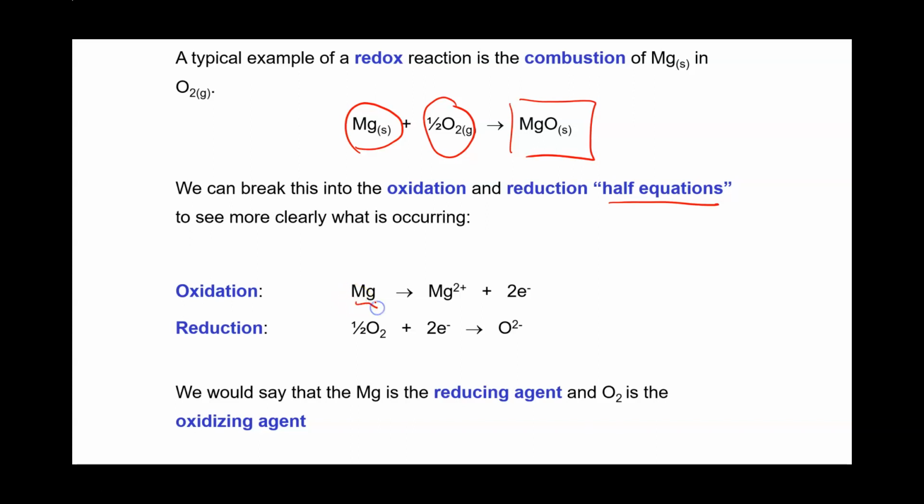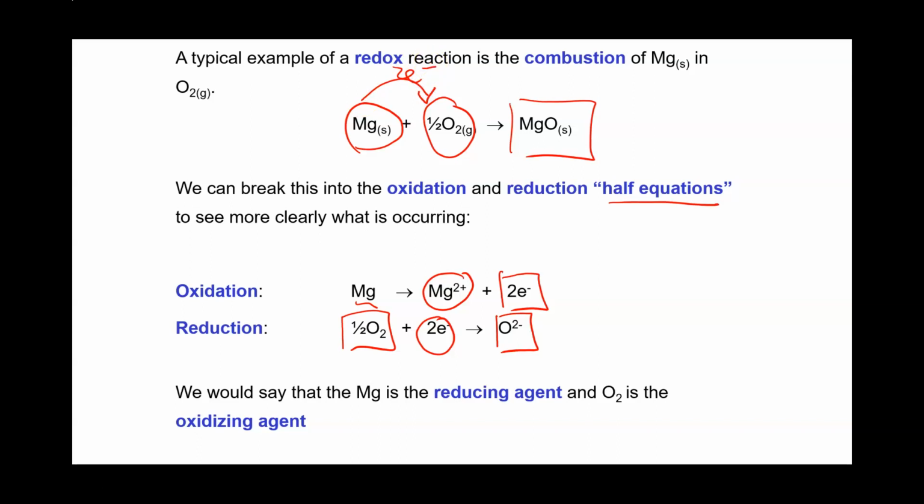So our magnesium is being converted into magnesium 2+ ions, losing 2 electrons. And then our half a mole of O2, what's happening to that is it is gaining 2 electrons, forming 1 mole of oxide ions.